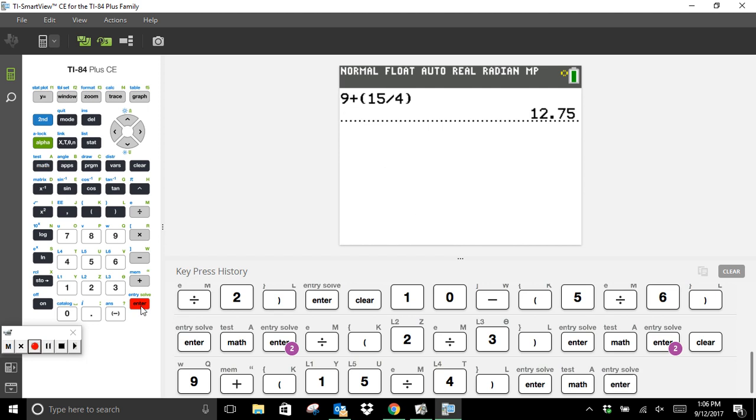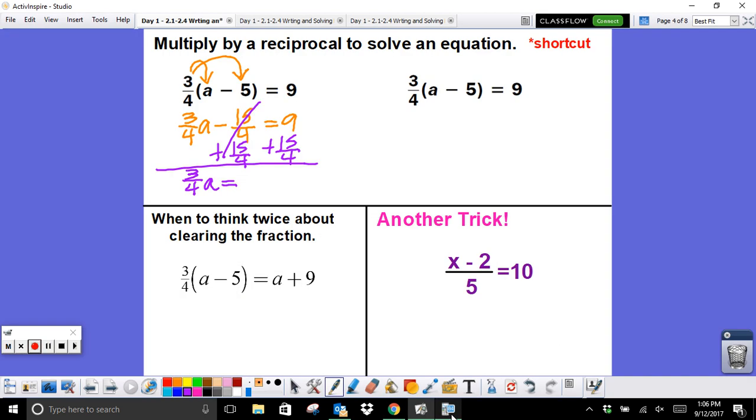And then math, enter. If you want, since 12.75 is a nice decimal, if you wanted to leave it as a decimal for now as you're solving through, that's fine. Or if you want to go ahead and put it in a fraction, you can do that too. So this equals 51 over 4.